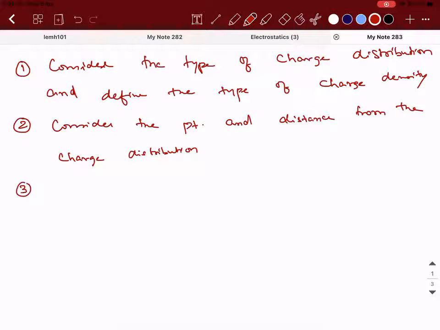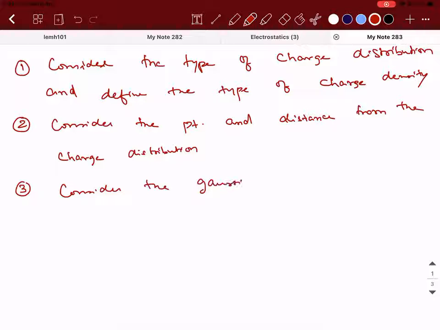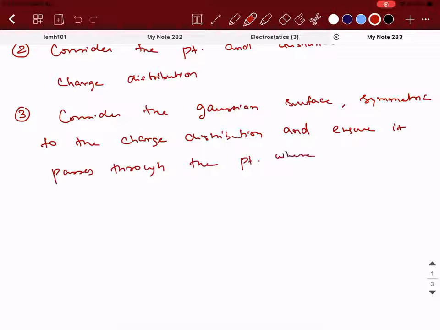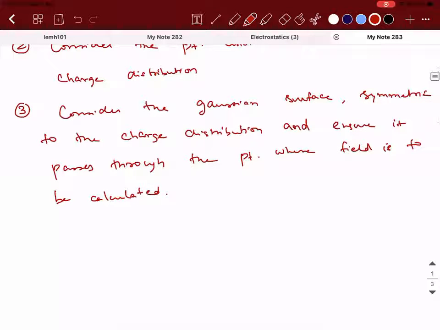Third, consider the Gaussian surface symmetric to the charge distribution and ensure it passes through the point where the field is to be calculated.